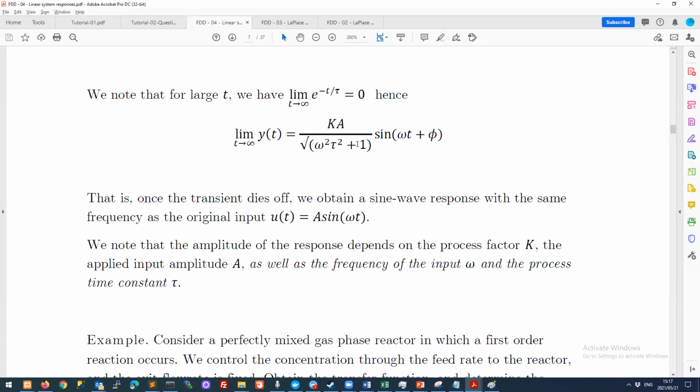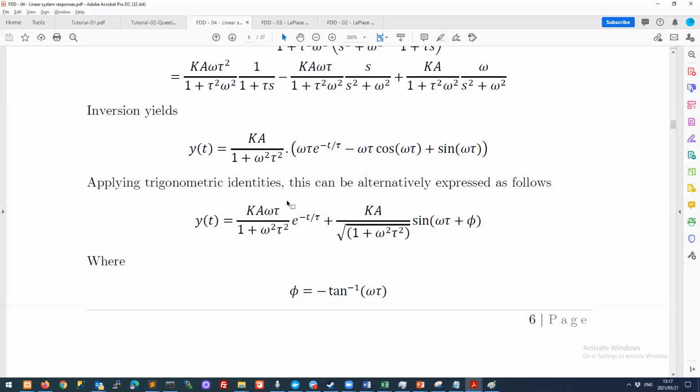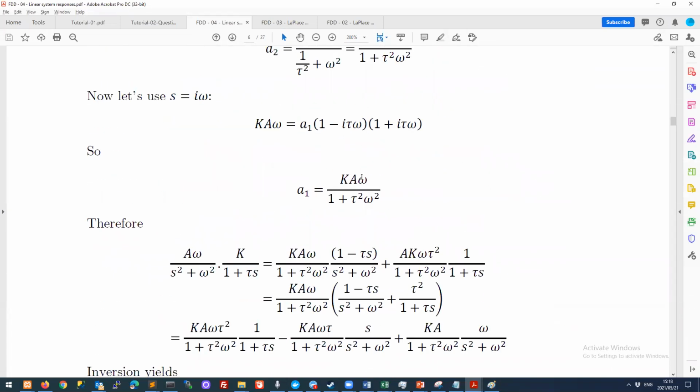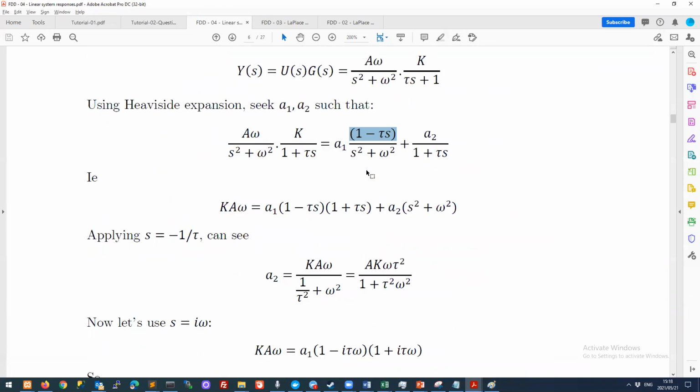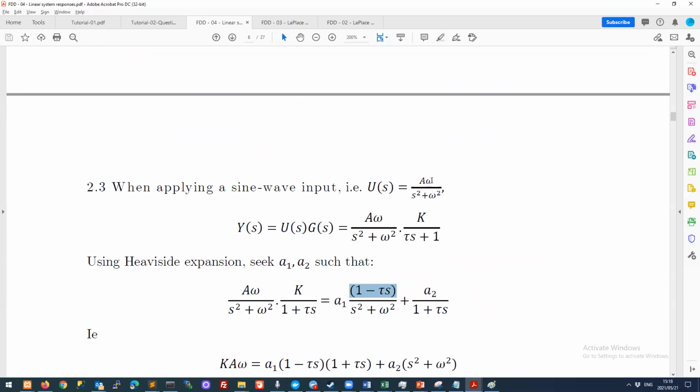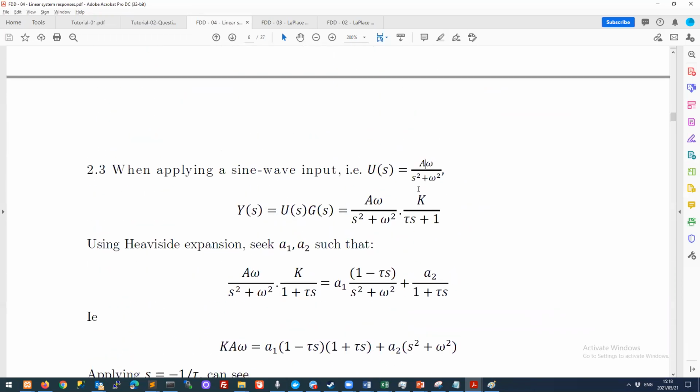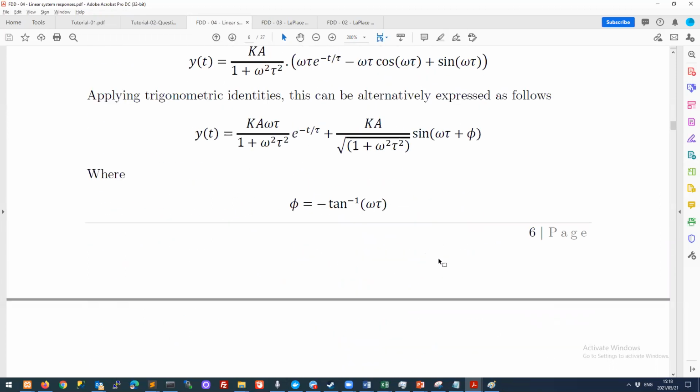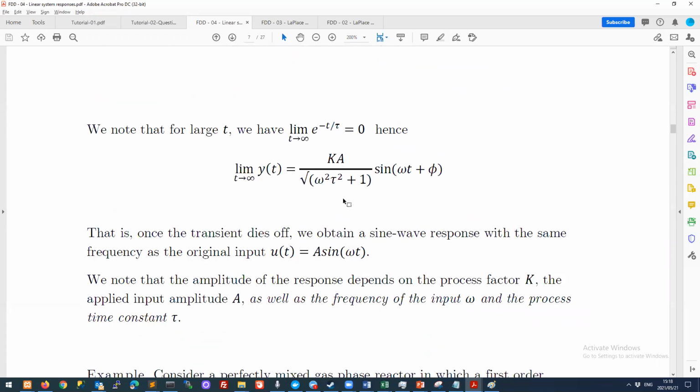So we call this the amplitude ratio: the response divided by the change applied. The change that we applied was A, right? Where is it? Our sine wave. We are applying an amplitude. I haven't shown the sign here, but we are applying an amplitude of A, and then the response is this much.